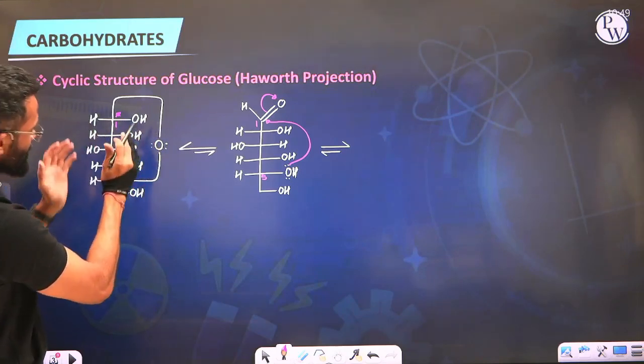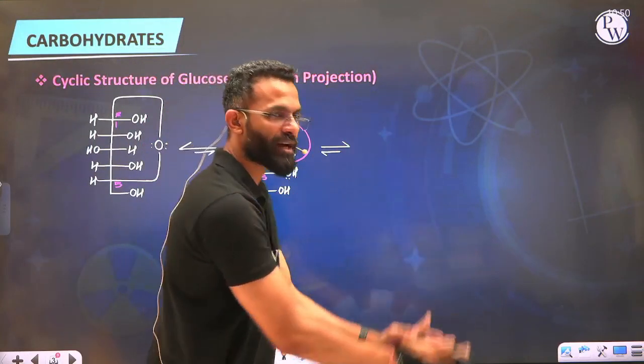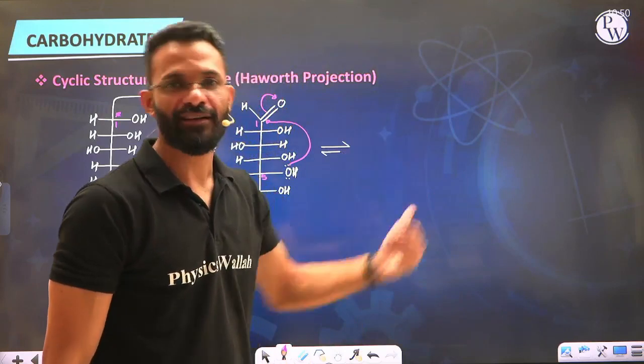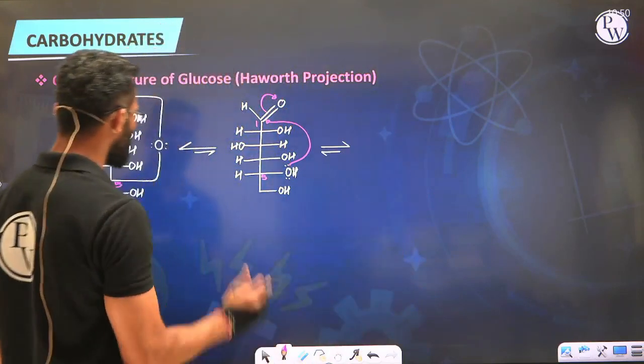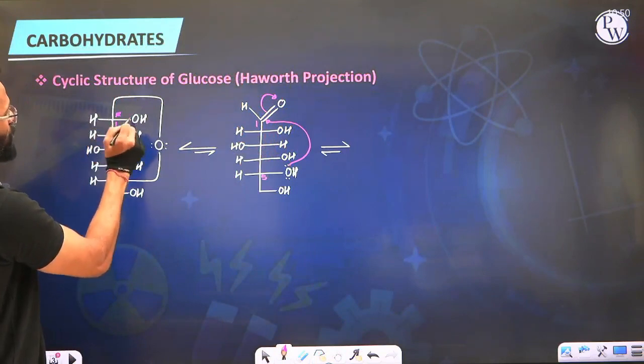Hence, other than this cyclic structure, this molecule also exists in dynamic equilibrium with another form of cyclic structure, where the only difference will be at the newly formed chiral carbon, the OH will be put to the right.